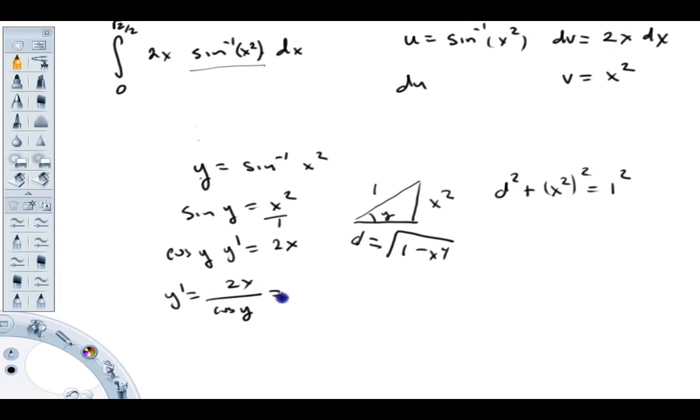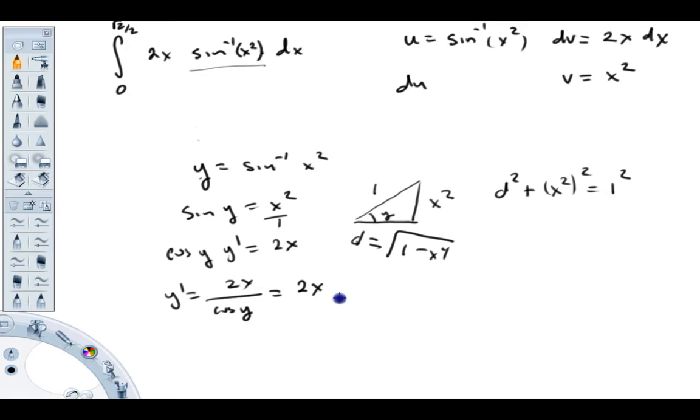Now getting back to why we were doing this, because we needed this cosine y. Cosine y would be adjacent over hypotenuse, so that's going to be the square root of 1 minus x to the 4th over 1.